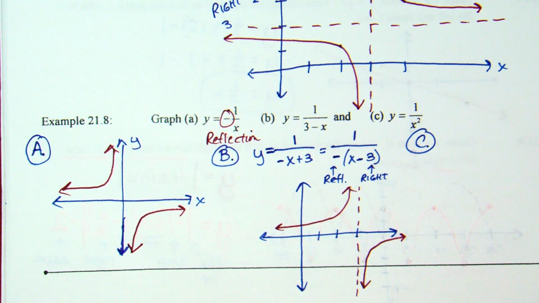So what did that absolute value do to that sign earlier? Anything that was negative, it flipped it and made it positive. What happens when you square something? If you square a positive value, it's going to stay positive. If you square a negative value, it's going to become positive. So that means the curve in quadrant 1 stays up there.